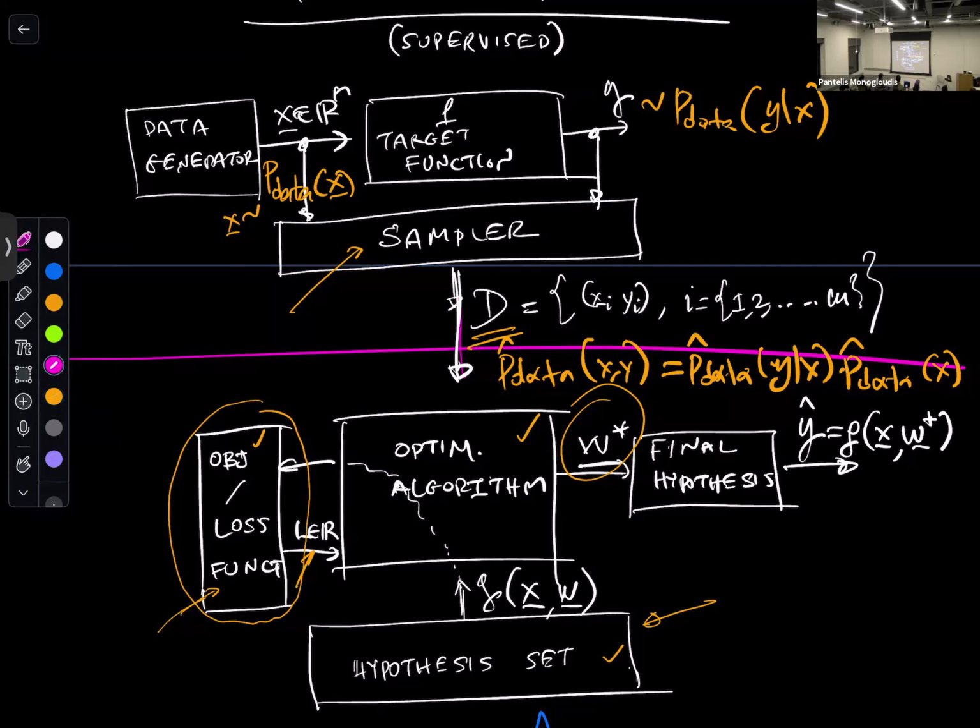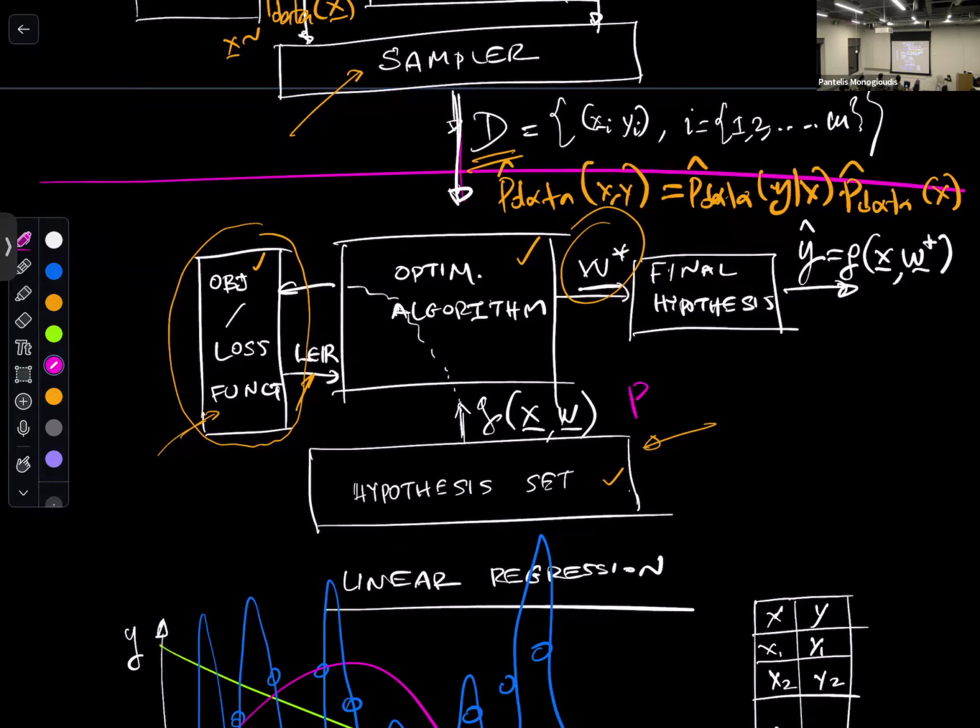This guy over here. I want to have a P model of y given x comma w. I want the hypothesis to be a P model, a probabilistic model, a statistical model that is going to be a conditional statistical model. I'm going to give it an x, and for a certain set of parameters w, it will give me statistical information about the y.